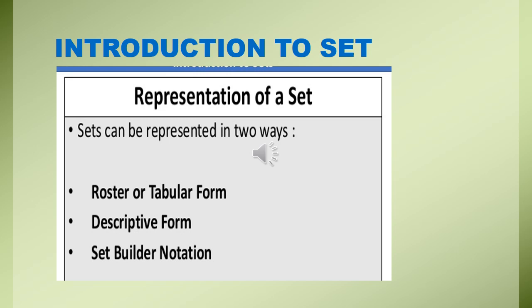Secondly, descriptive form. Descriptive means we have to express it in a statement. Clear? And then next is the set builder notation. Set builder notation is a shorthand used to write sets. Clear? I will explain the set builder notation in detail later on. Clear?